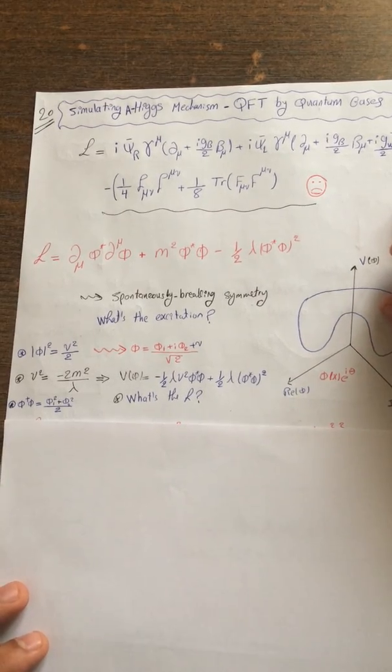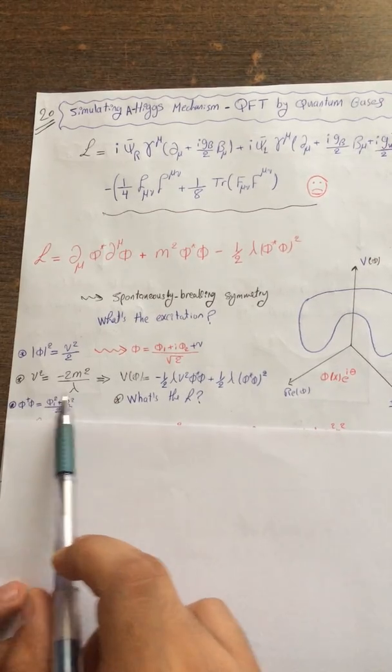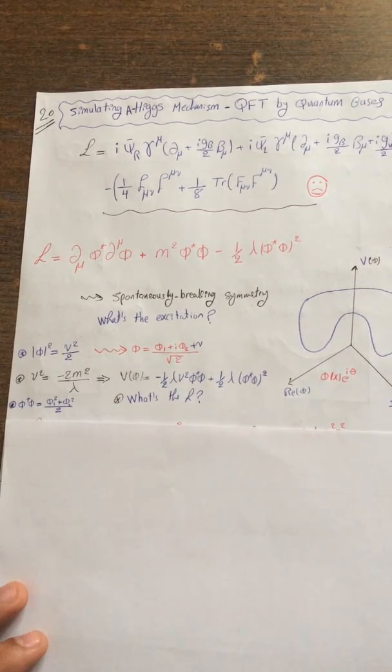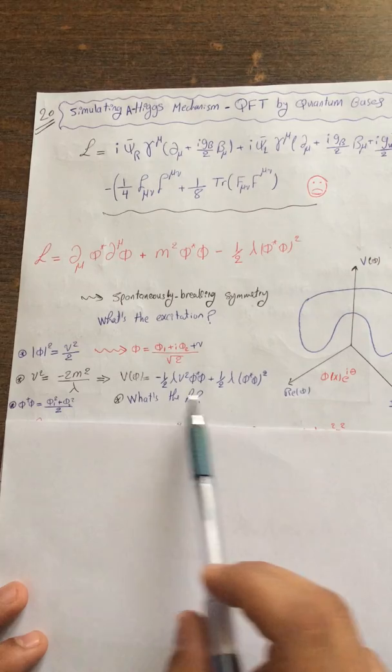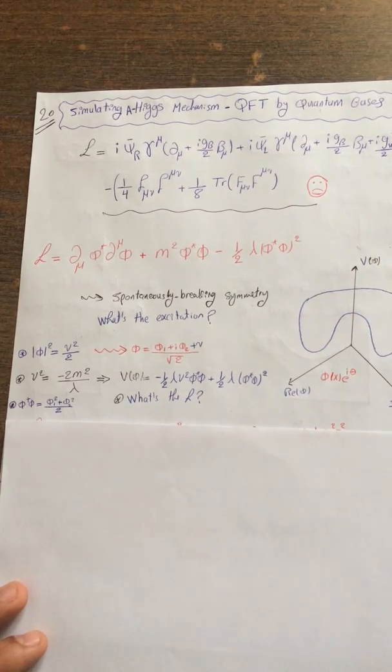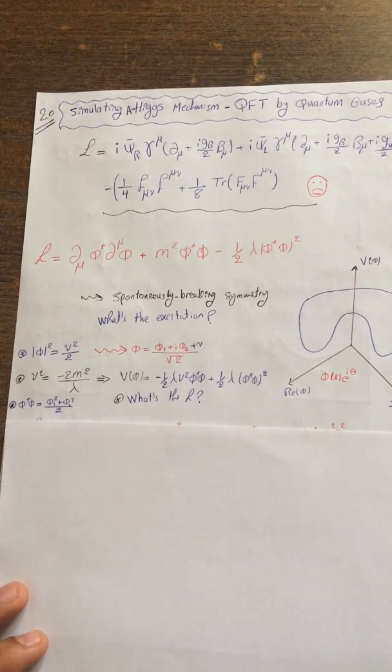If you are familiar with this structure from the Higgs mechanism, you can fully recover this expression. We can now write down the potential energy function of the scalar field that looks like this. This includes the mass term inside it.